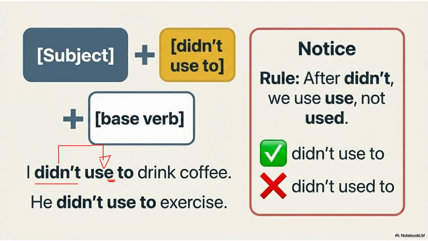As you can see, there is no D anymore here because the verb is now in the base form because I am using didn't. So I didn't use to drink coffee. To say the opposite, he didn't use to exercise. Si I used to es yo solía, I didn't use to es yo no solía, ¿verdad? Yo no solía tomar café. Si no solía es porque ahora sí lo tomo, ¿verdad? Lo opuesto.